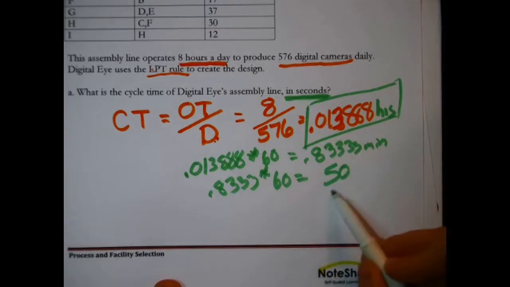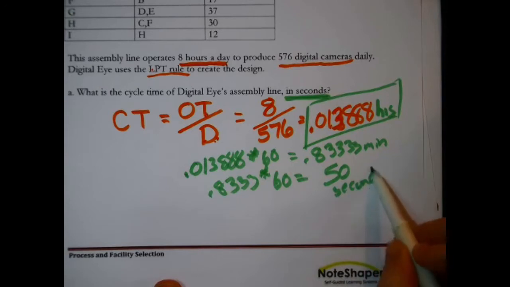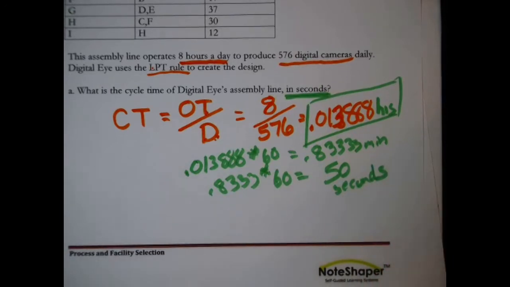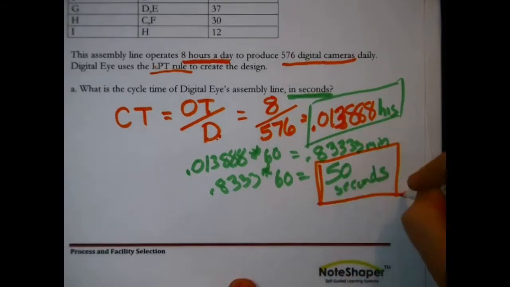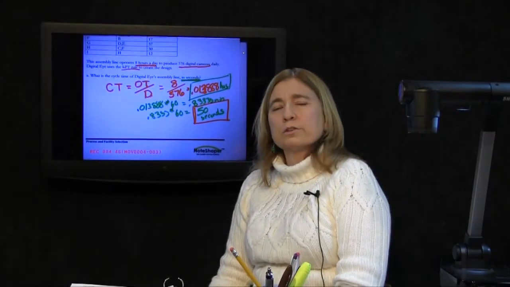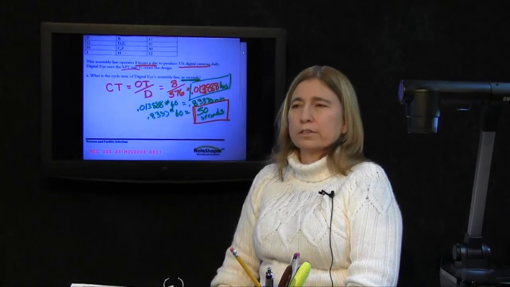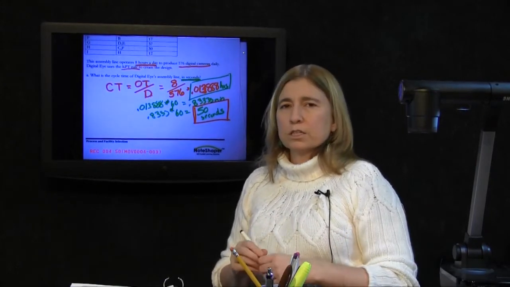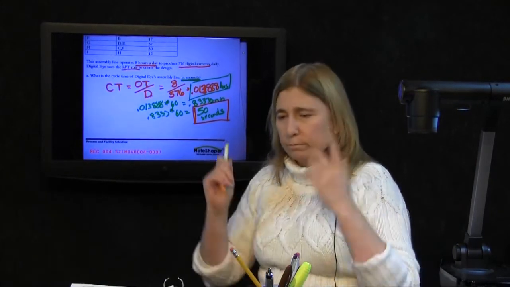Basically, it is 50 seconds. That's what it translates to, 50 seconds. So the cycle time of the assembly line should be 50 seconds. Each workstation will have 50 seconds to do whatever is assigned to it. Fine. That part's done. What's the second part of this problem?